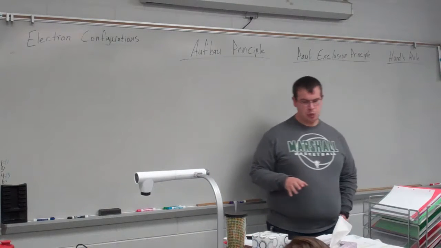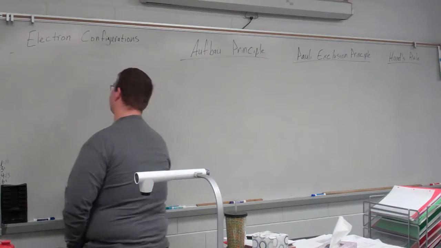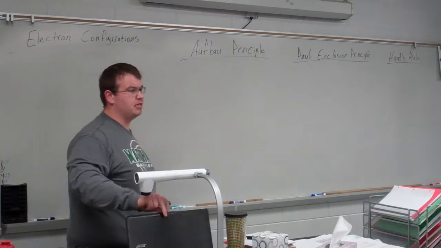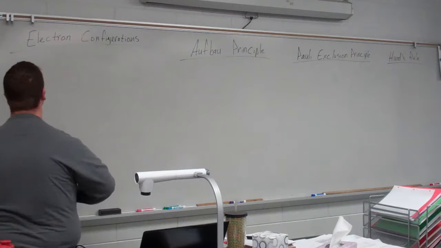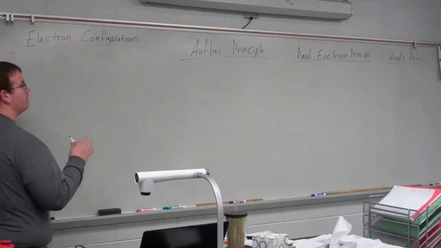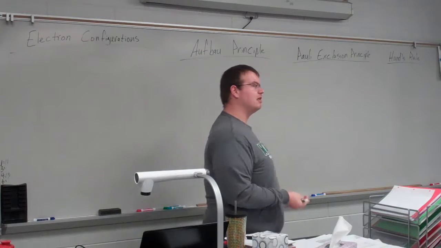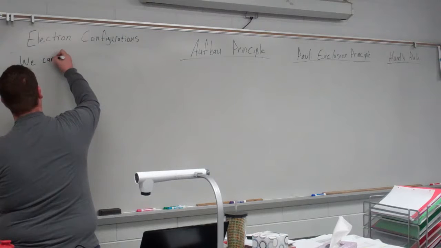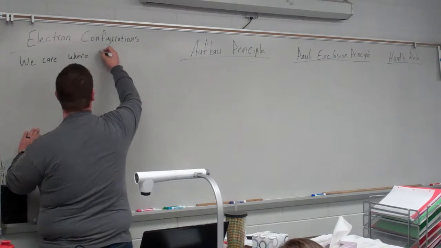Okay? So I'm going to give you the breakdown of it. Electron configurations. There are 3 different types of configurations that you'll deal with. The important aspect is that electron configurations matter because within chemistry, we care where the electrons are.